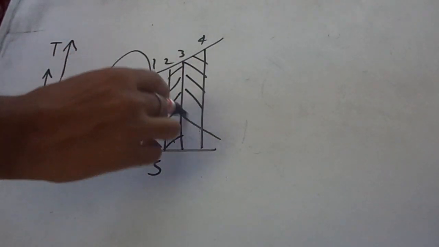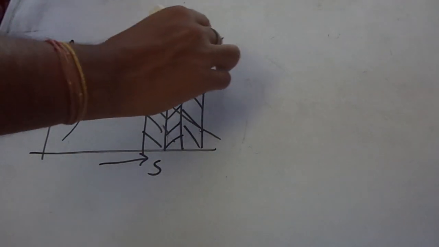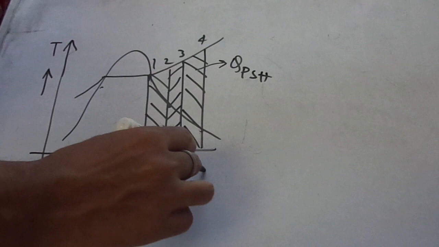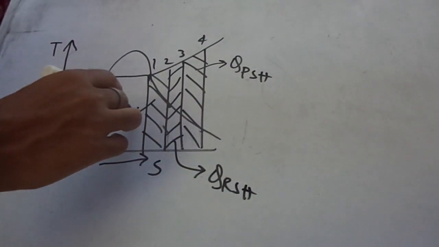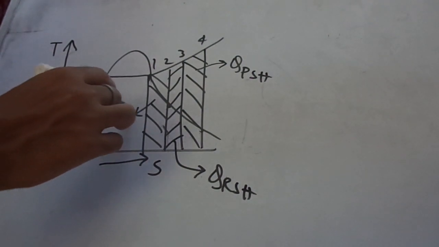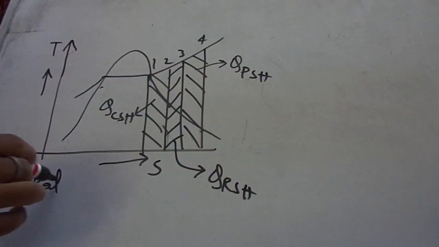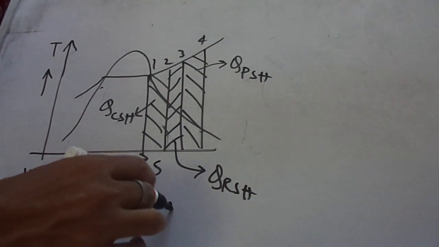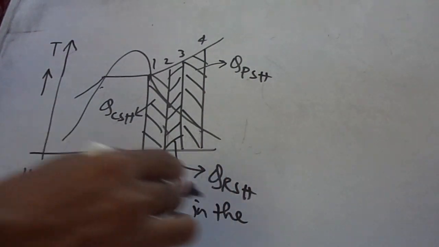Okay. This one is the QPSH. Another one is the QRSH. Another one is the QCSH. So this is the heat absorption in the superheater.